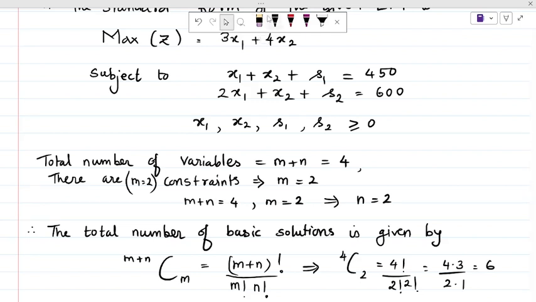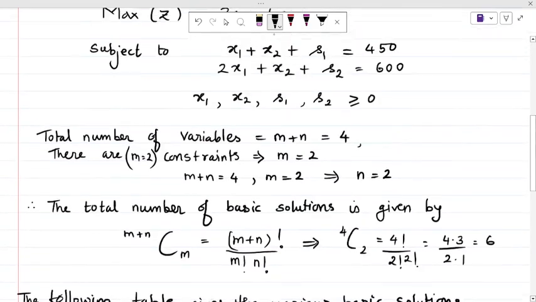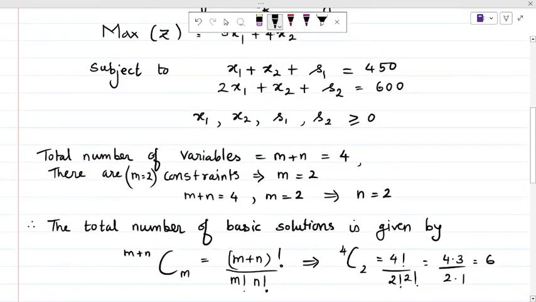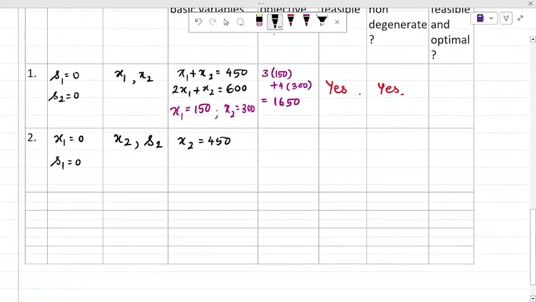Yeah, x2 is 450. What happens to the next one? x1 is 0, we have x2 plus s2 equal to 600. This is what we have. So this means s2 we will have to calculate, this will become 150.